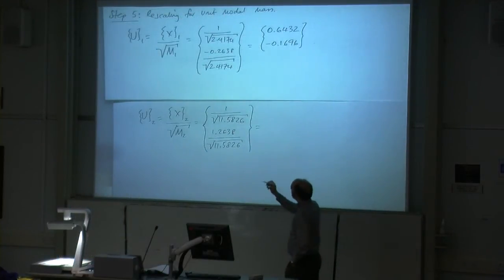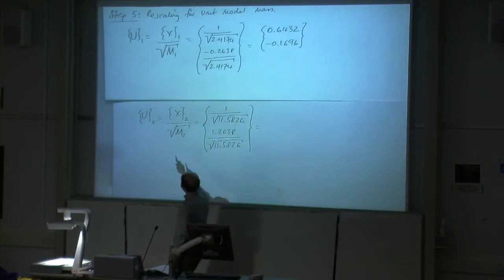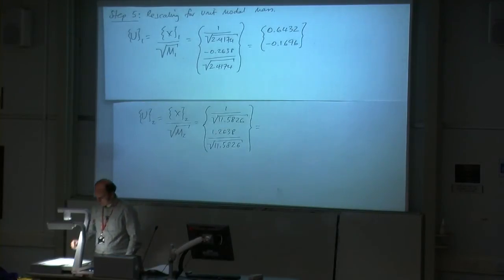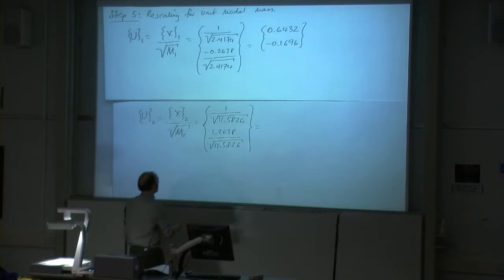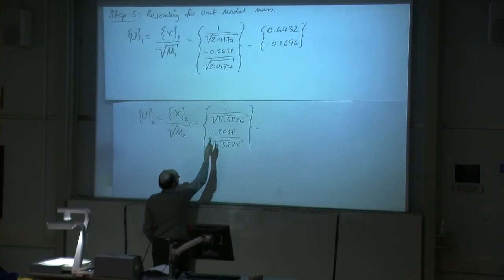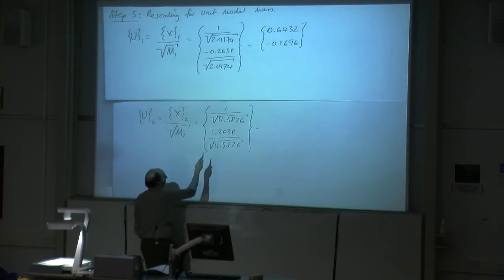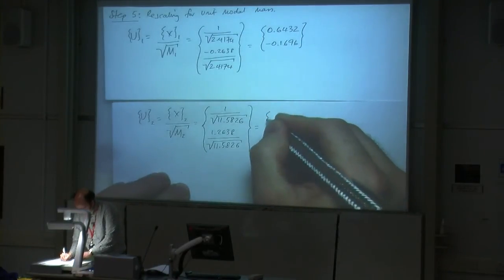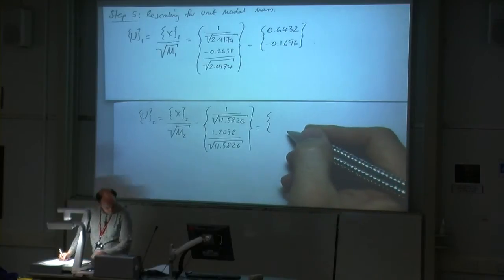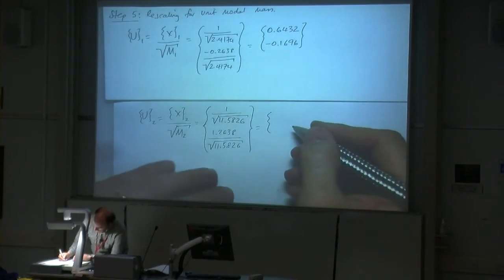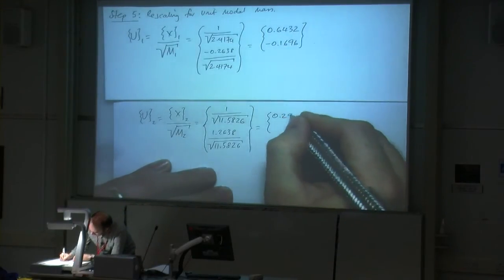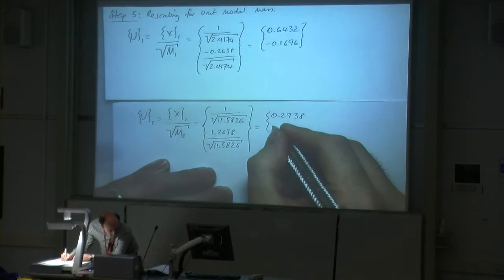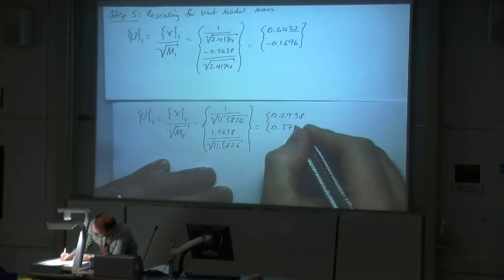Okay, so you can see here's the same process for x2. You divide by the square root of m2. m2 is 11.5826. So you take each value from x2 divided by the square root of m2, and then you get another vector, 0.2938 and 0.3713.